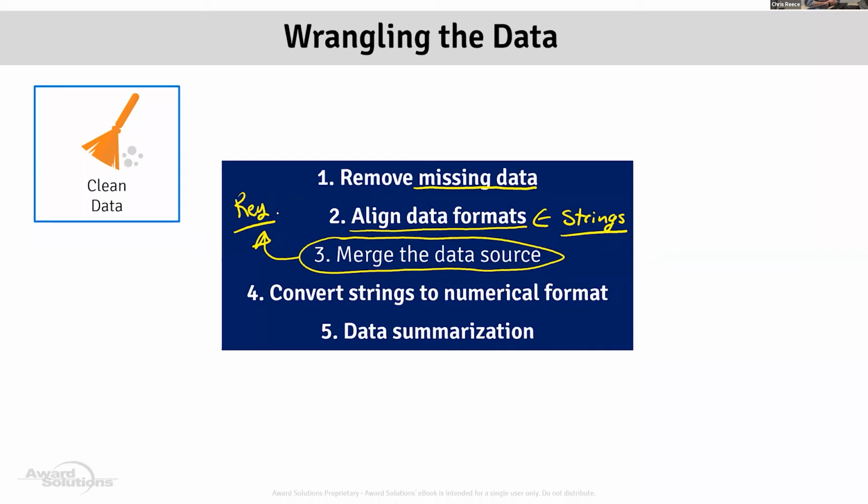Okay, we need to remove missing data or clean, repair the missing data in some way. We need to align the data formats to make sure that everything can come together and we can do math on it. We need to merge data sources, and convert strings to numerical formats as needed is the next step. So there's a little bit of an overlap here.